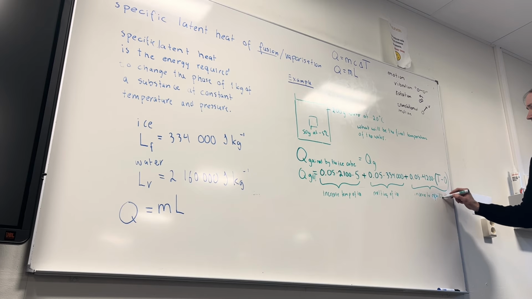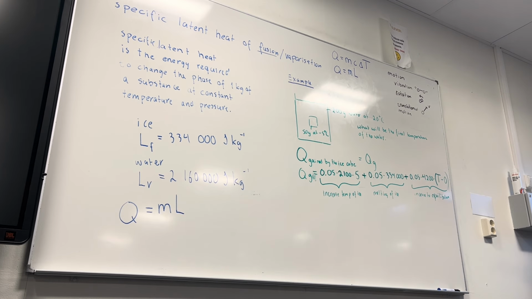Wouldn't you combine 200 or 50 grams? No, this is just the ice cube. So this is the energy provided to the ice cube. Where does this energy come from if it's an isolated system? The water. So the water loses energy.